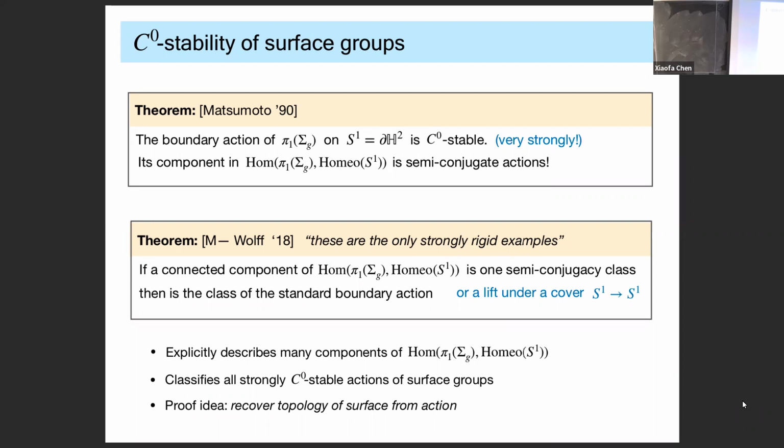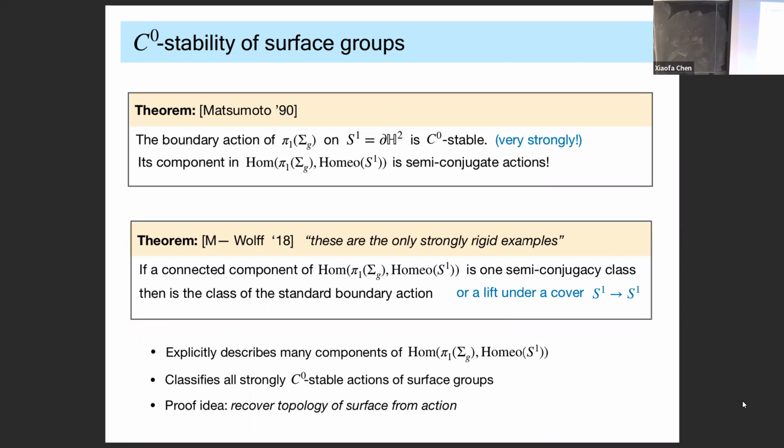And the proof idea is something I want to share a very small cartoon of. The original inspiration came from, to me at least, you ask Maxime, he'll give you a different answer. But to me, the inspiration for why such a thing might work comes from Dave Gabai's proof of the convergence group theorem.